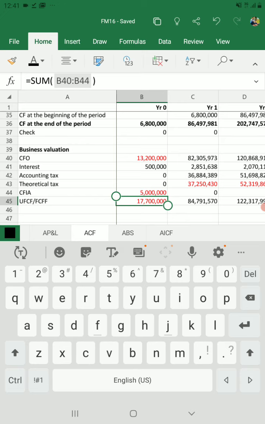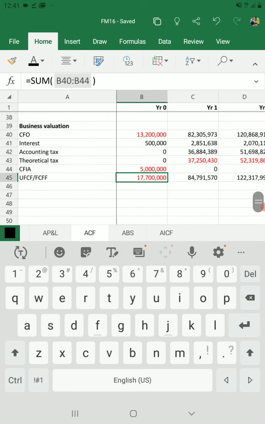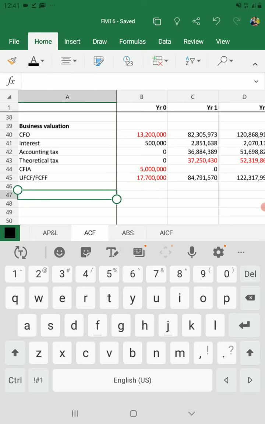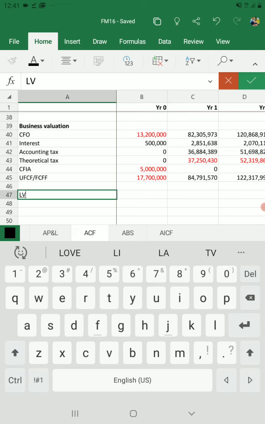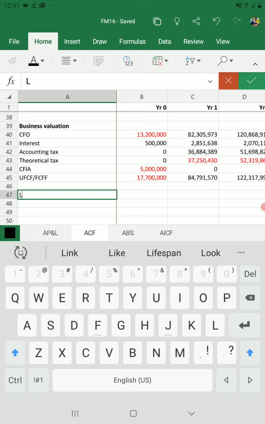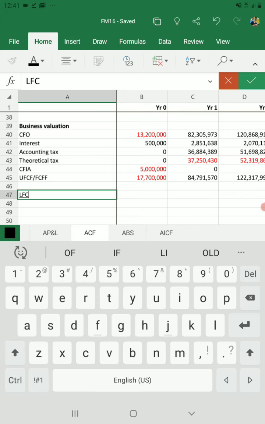Okay, and so if you were interested in computing levered free cash flow, then what is missing from this, for example, just a matter of, if you want to get levered free cash flow.